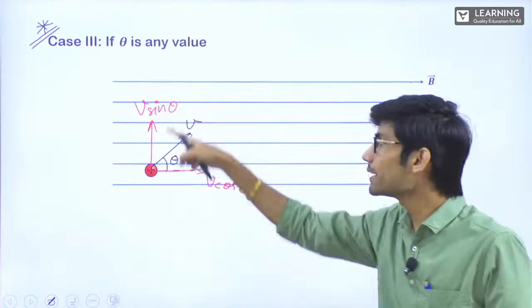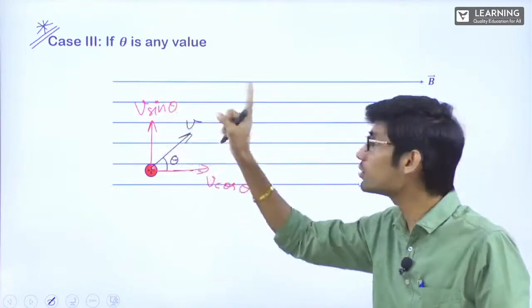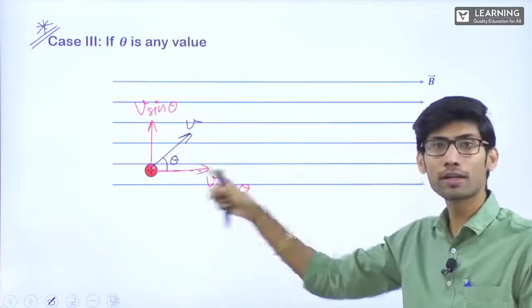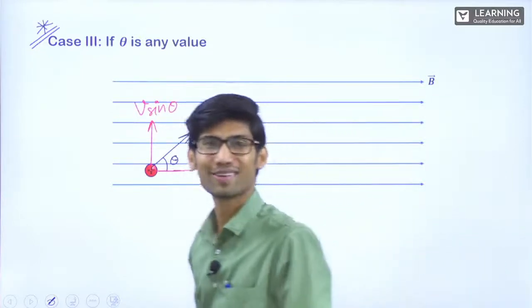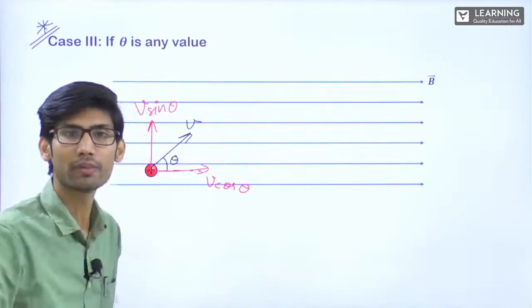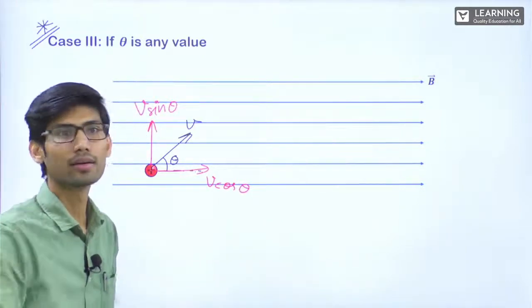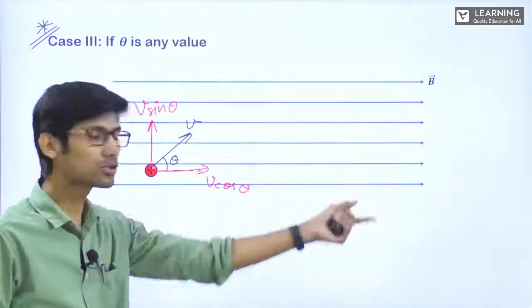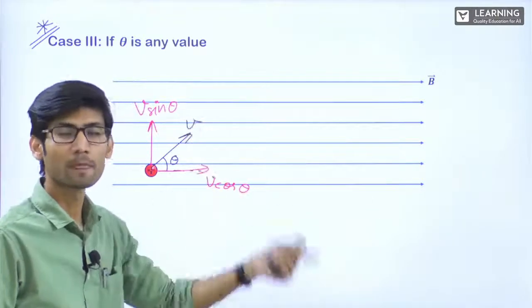So here this velocity is perpendicular. Because of this velocity, the particle will do circular motion. Because of this velocity, the particle will move straight. So what kind of motion will it be? The particle is doing two motions at the same time. Circular motion and moving in a straight line also. In horizontal also it is moving, in vertical it is doing circular motion.